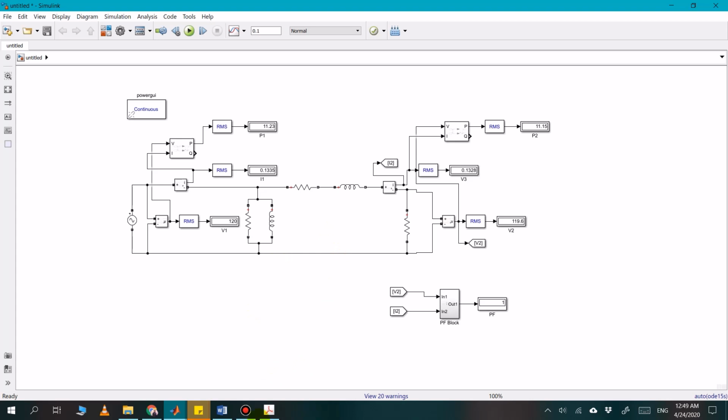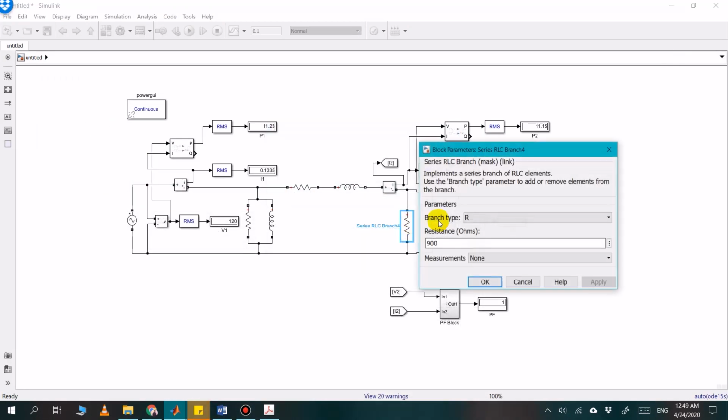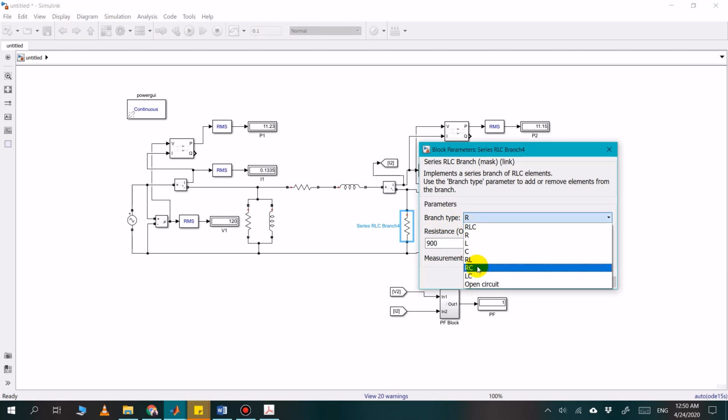So this is how you will find the voltage regulation. After R, you will find out all these parameters for R and L load. To make R and L load, you will simply change it to RL load.